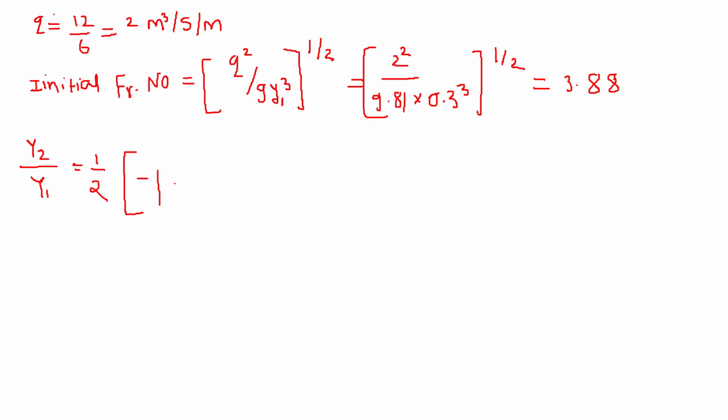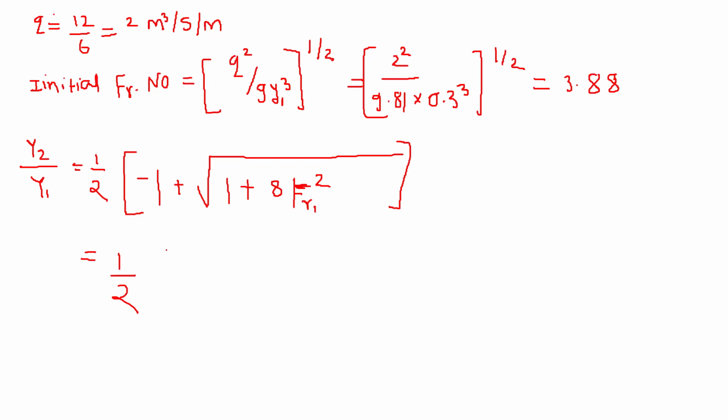I don't know whether this was visible or not till now, but from now onwards I will write in bigger font. So the equation is 1 upon 2 into, under root, 1 plus 8 into Fr1 squared, bracket close, minus 1.